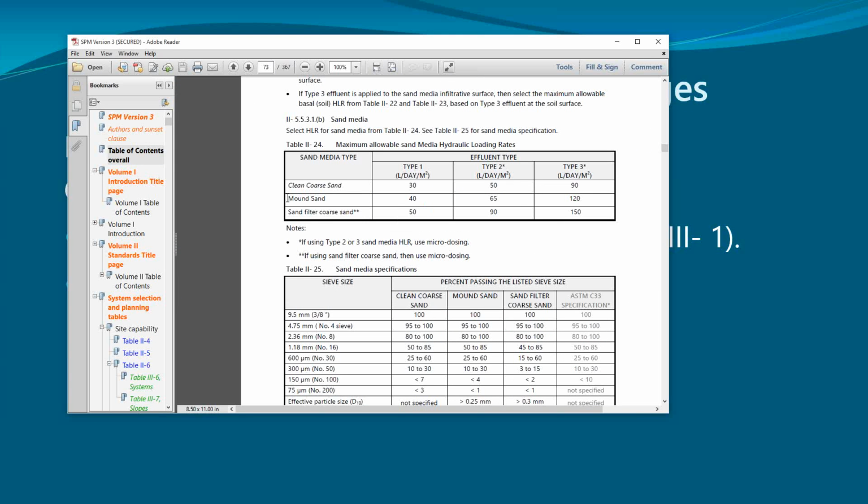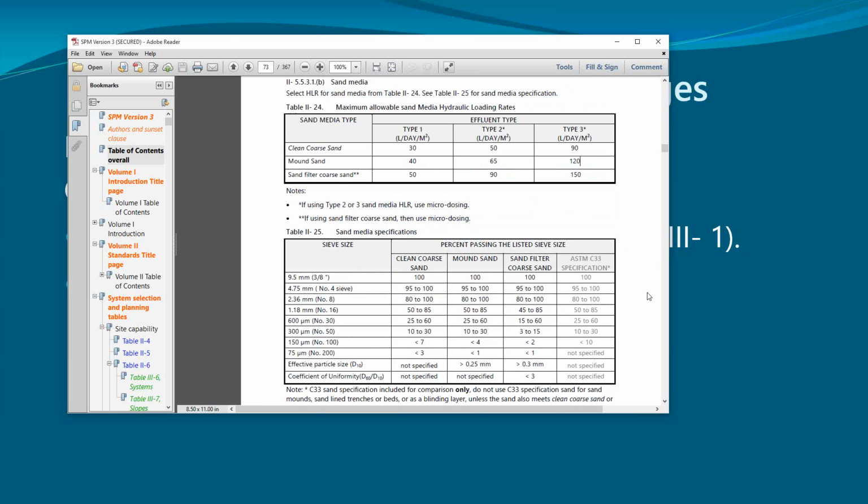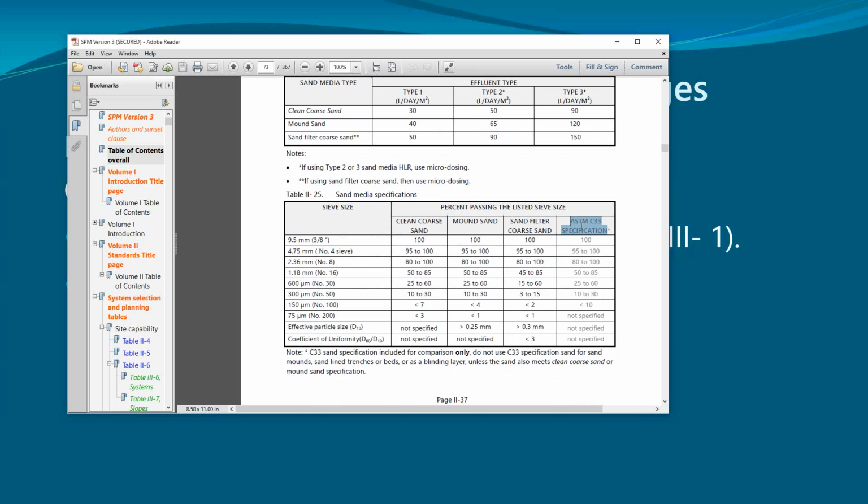As you know, probably, the old SPM essentially said we can't use just good old C33, we had to use mound sand, and then there's the loading rates, which have been rounded a little bit but are relatively the same. The problem with it is that in lots of areas of the province, we can get concrete sand, we can get C33.